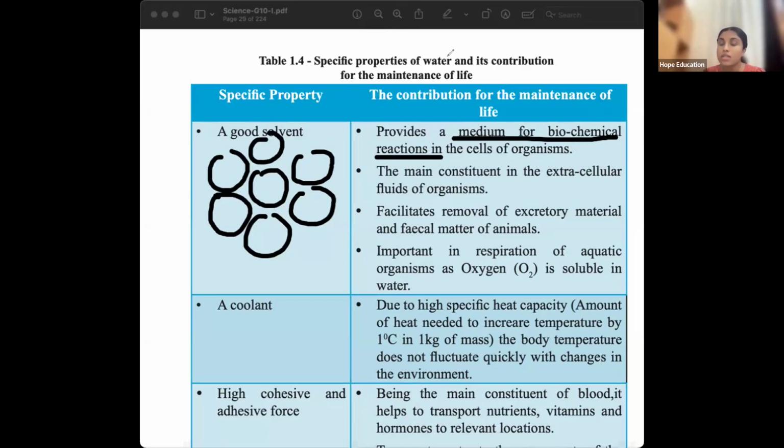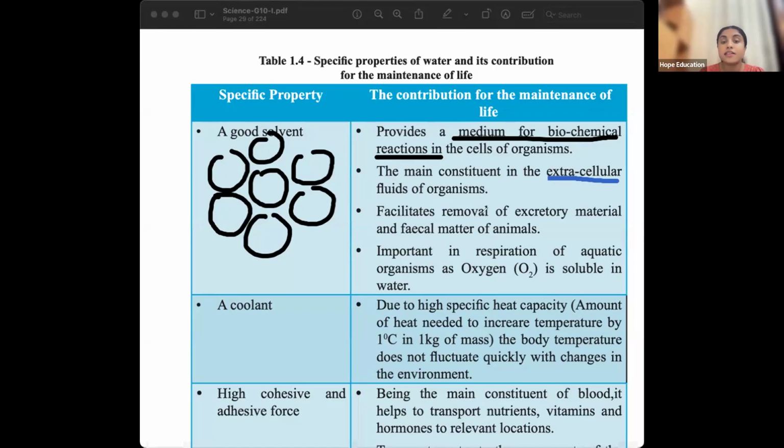Outside the cells also, there's water. Here, extracellular means outside the cells. Extra doesn't mean more here. Extracellular means outside the cells. Not just inside the cells, but outside the cells also you can find water. We call that extracellular fluids. All the liquid outside the cells of organisms is made of water.